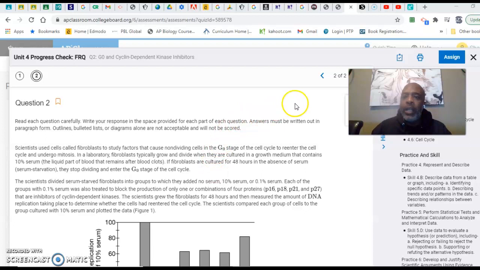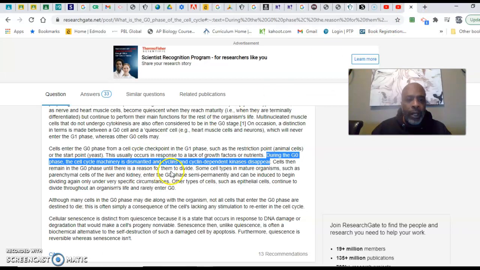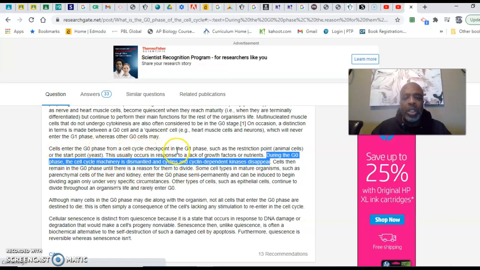So we can go back and look at what's occurring during the G0 phase and G1. Cells enter the G0 phase from a cell cycle checkpoint in the G1 phase. During the G0 phase, the cell cycle machinery is dismantled and cyclins and cyclin dependent kinases disappear. So without these kinases, the cell is not in a dividing or DNA replicating stage.